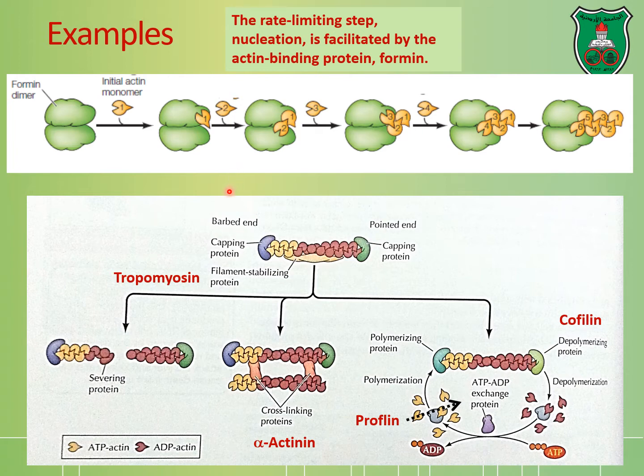Now, you also have a number of proteins that are involved in the formation of filament and stabilization, destabilization, and so on, including tropomyosin. Tropomyosin is a protein that stabilizes the filament structure of actin. Okay, so that's what it does. Remember, we talked about tropomyosin before in the molecular biology lecture when we talked about alternative splicing.